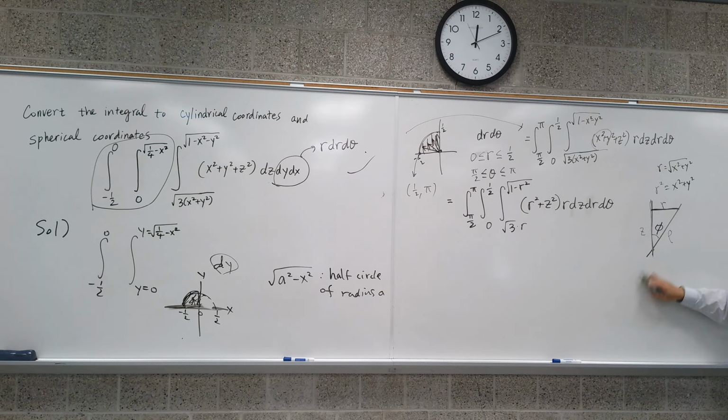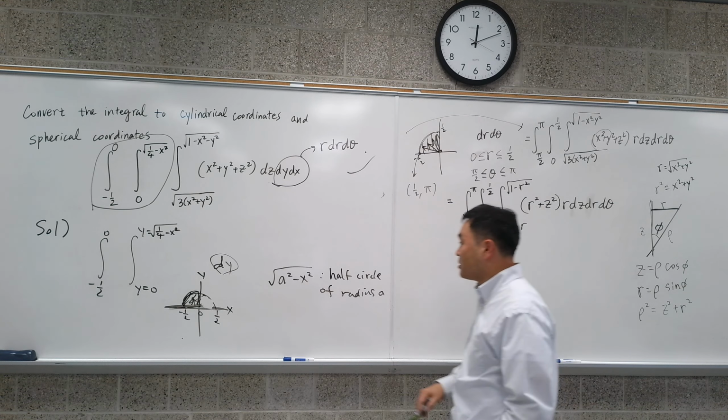Sorry, I got it backwards at first. And then r is equal to rho times sine phi. You can also use the Pythagorean theorem: rho squared is z squared plus r squared. So these are some equations that come in handy.